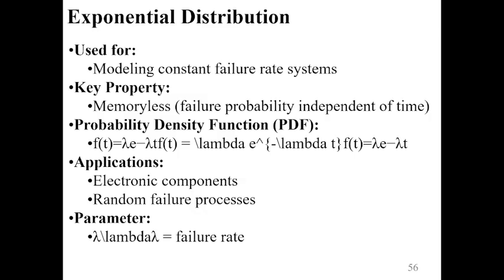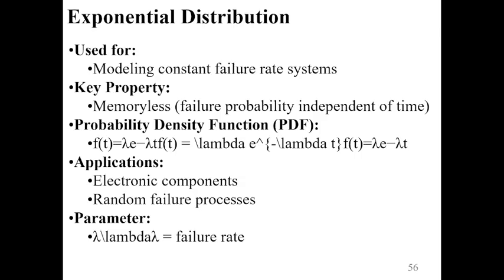This is one of the key features of this method. This property is known as the memoryless property, which makes the exponential distribution mathematically convenient for modeling random failure processes, and it can be applied regularly for this kind of application.